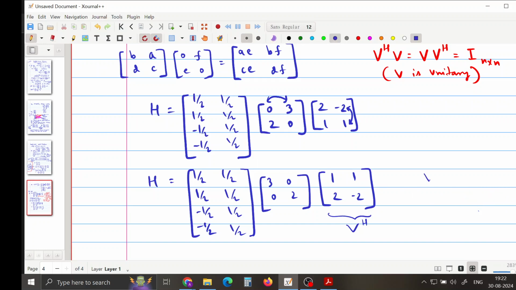If you take this as V Hermitian, V is nothing but its transpose conjugate, which is this. So if you take V Hermitian V, what do you get? 1 1 2 minus 2, this Hermitian.